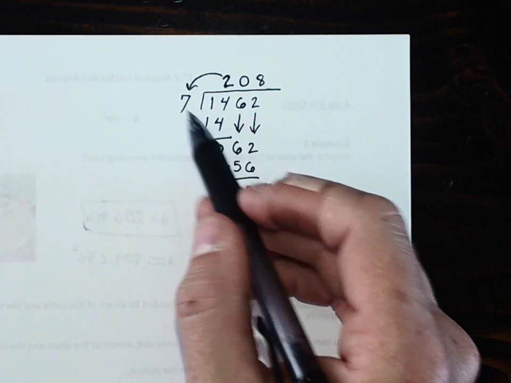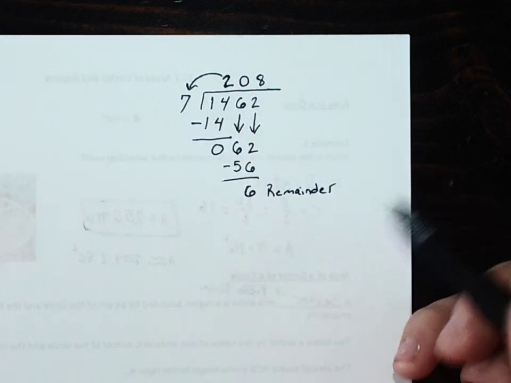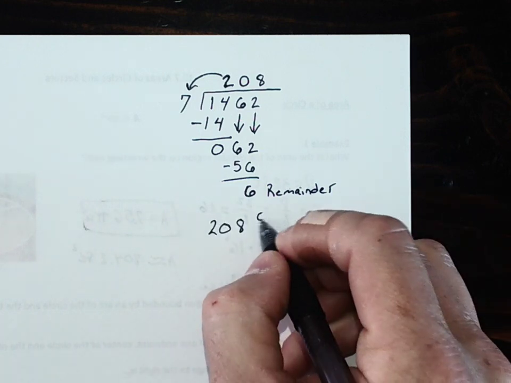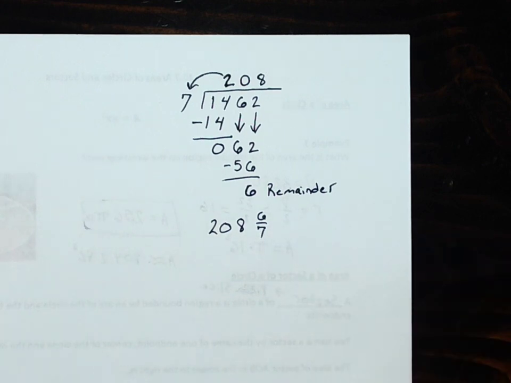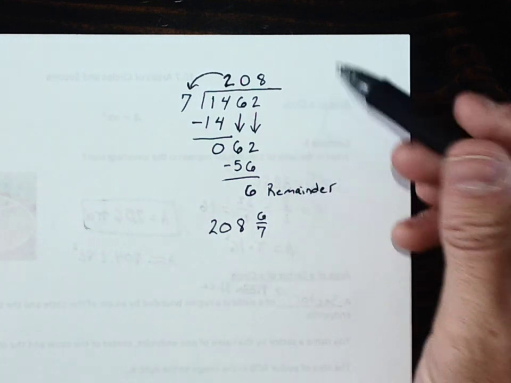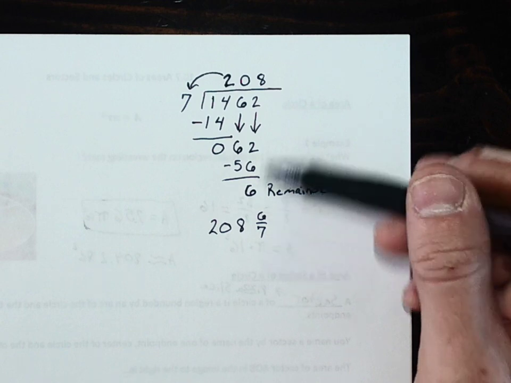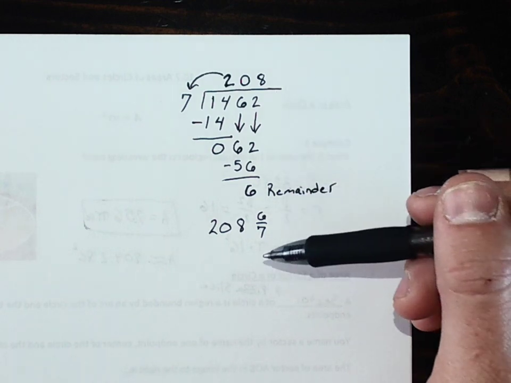So 7 goes into 1,462 208 times with a remainder of a fraction of 6/7. This is called long division. We are going to do the exact same thing, but with polynomials.